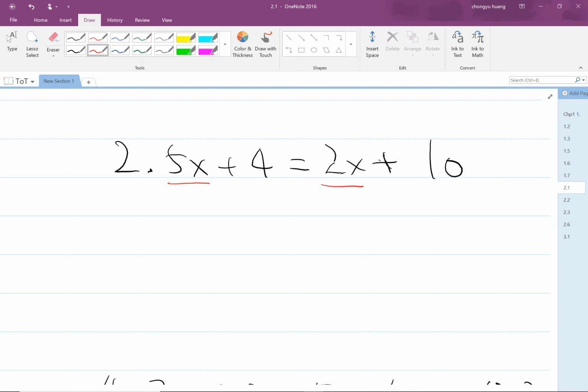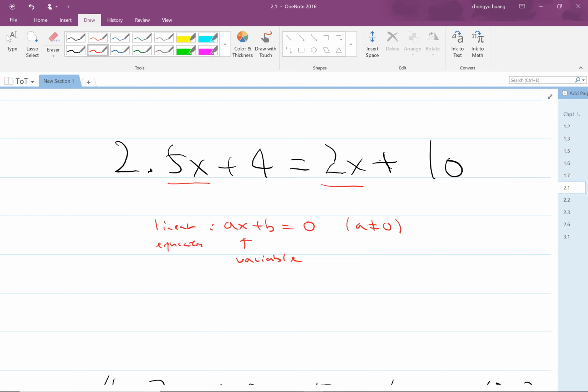Remember, for a linear equation we have the form ax plus b equal to 0, with a not equal to 0, and x as the variable. That's the recap. This question is exactly a linear equation.